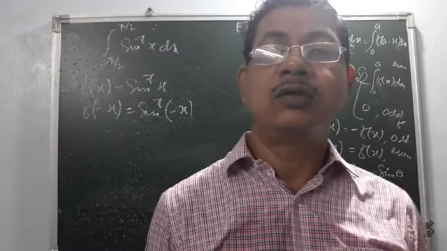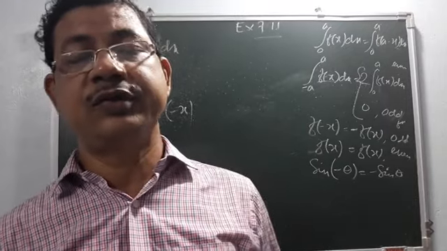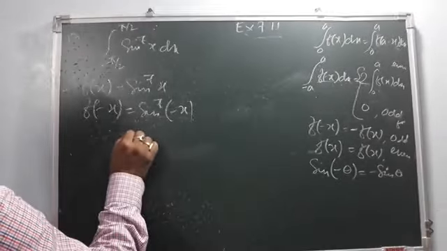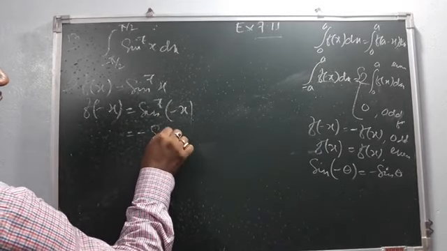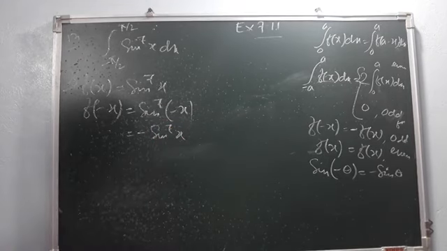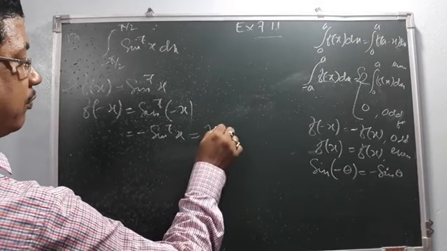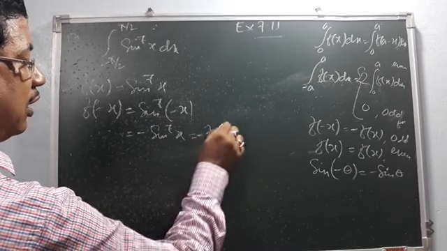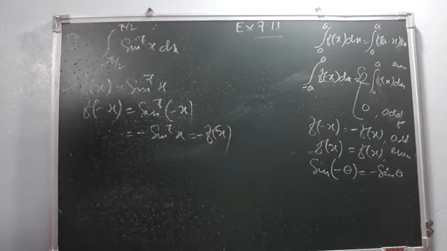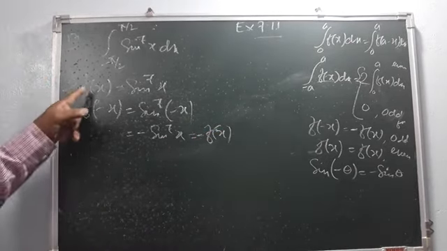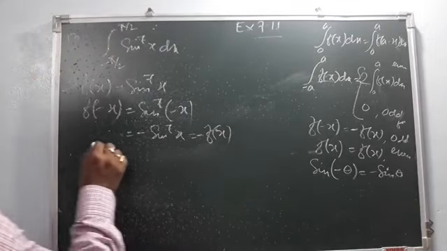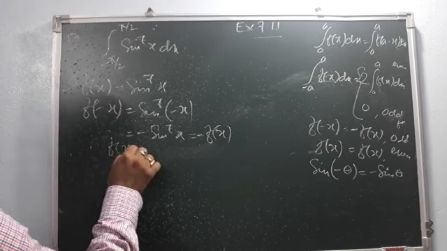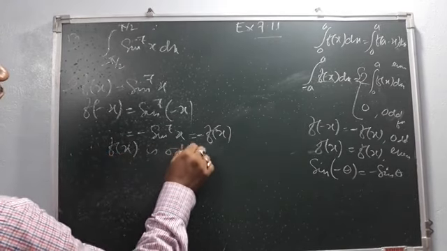It is the formula, but cos minus theta is plus cos theta, except cos and sec all are negative. So this one with power 7 will give again negative, and it is minus f(x). So f(x) is an odd function. Therefore f(x) is an odd function.